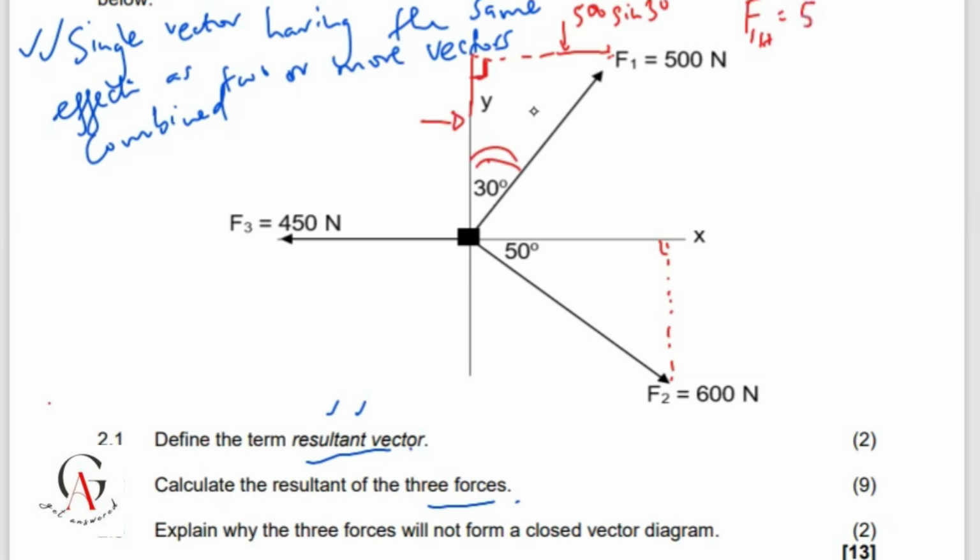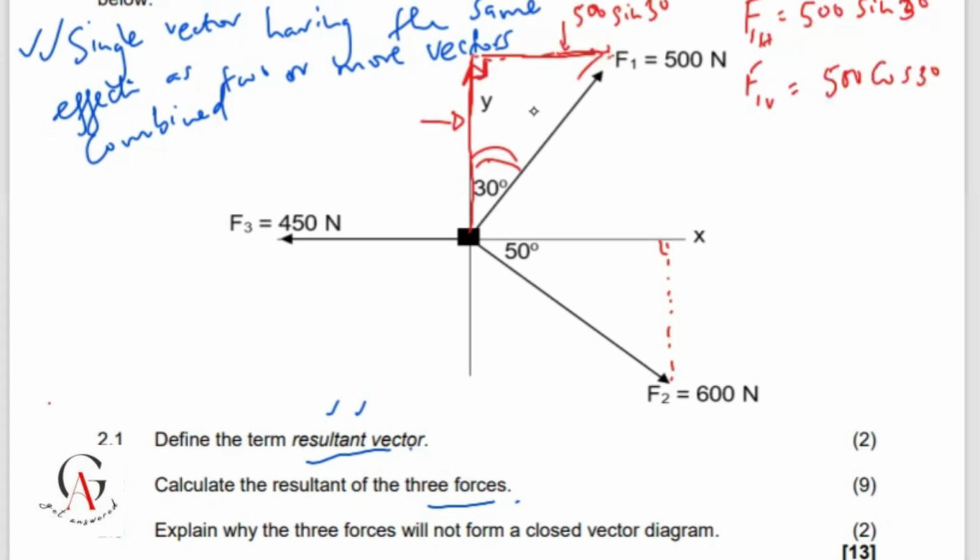So let me call this 500 sine of 30. It's positive because it's moving in this direction. And then I'll have this. Remember our head to tail. This one is also going to be positive since it's upwards. So we're saying F1V is 500 cos of 30.